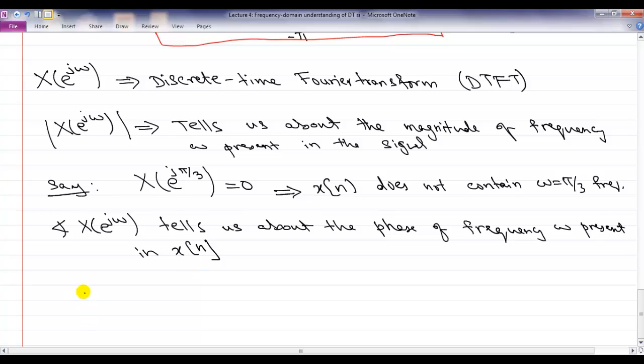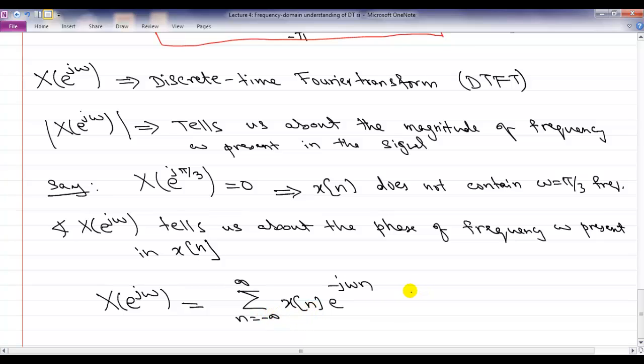Now, how do we calculate x of e to the j omega? How do we calculate the discrete time Fourier transform? The formula is summation n equals minus infinity to infinity x of n e to the minus j omega n. Since xn is a discrete time signal, we have summation.